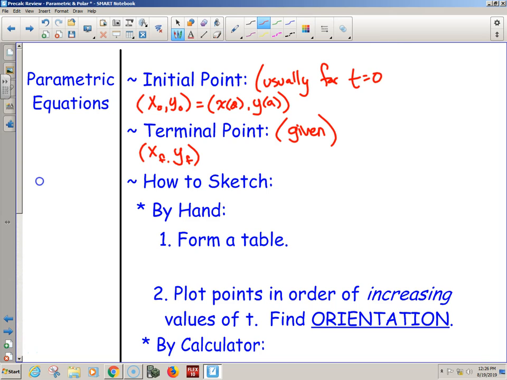So technically it could just be for some initial time a. So then you'd have to take the time, plug into the x, take the time, plug into the y to get the initial point, which is a little bit weird. Terminal point, same thing. That's going to have to come from some other time as well.